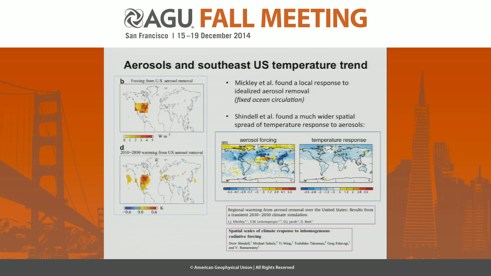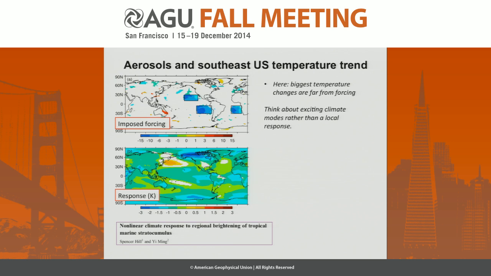And the temperature response doesn't really look like the pattern. In particular, you can see in the Arctic the sign is reversed. In the GISS model, they have positive radiative forcing from black carbon in the Arctic. And the temperature response is to cool, and that's because there's an Earth climate mode where the Arctic cools more than the rest of the planet, and that dominates over the local temperature effect in the temperature response.